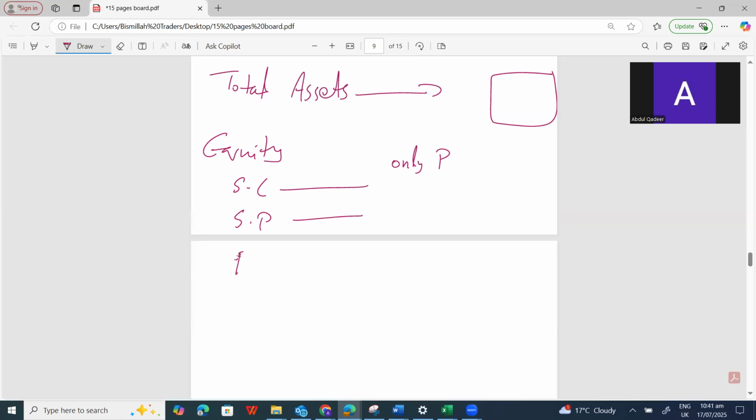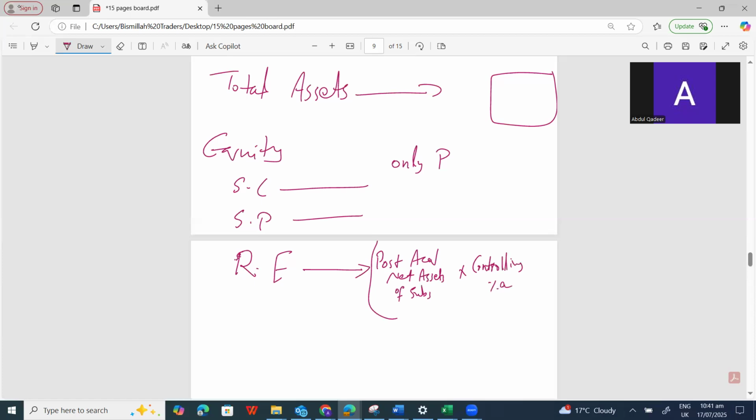The next step is to calculate the group retained earnings. What will be the formula? Post acquisition net assets, or post acquisition retained earnings, of the subsidiary, multiplied by the controlling percentage.